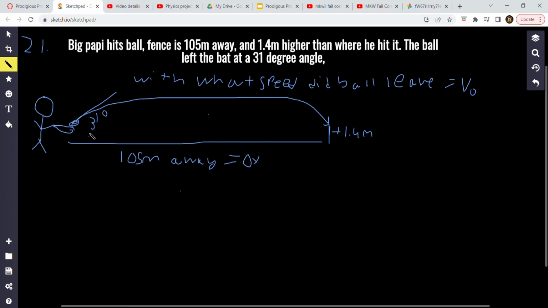Now we're going to sketch the little triangle, which is just the vector arrows that it forms. There's one arrow going that way because he hit it towards the fence. Gravity's acting down, and horizontal is going the same way the original V naught is going.